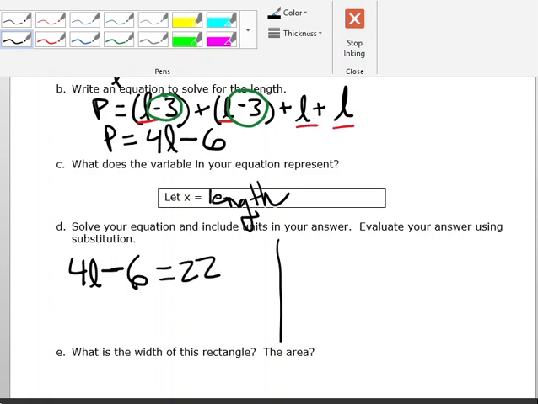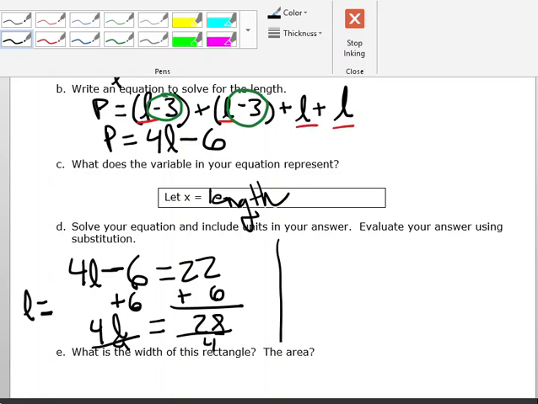I'll add 6 to both sides, and I get 28. I'm left with 4 times L. Divide both sides by 4. And so my L here is equal to 7. Now I'm going to plug that back in and check it, which is a great thing that we can do.